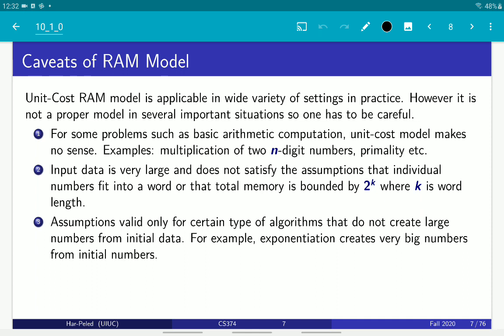The details are too technical. We're not going to cover this in the course, but intuitively, if the words that we are using in our algorithm become unbounded in size, we will stop and say this is not really how a real computer works, and as such, our model here fails.